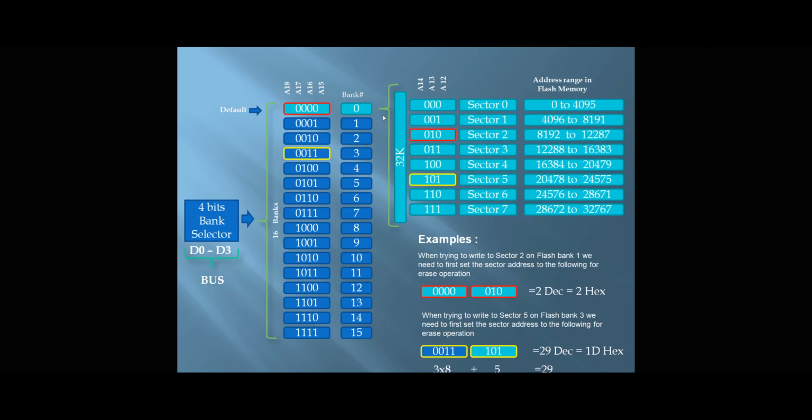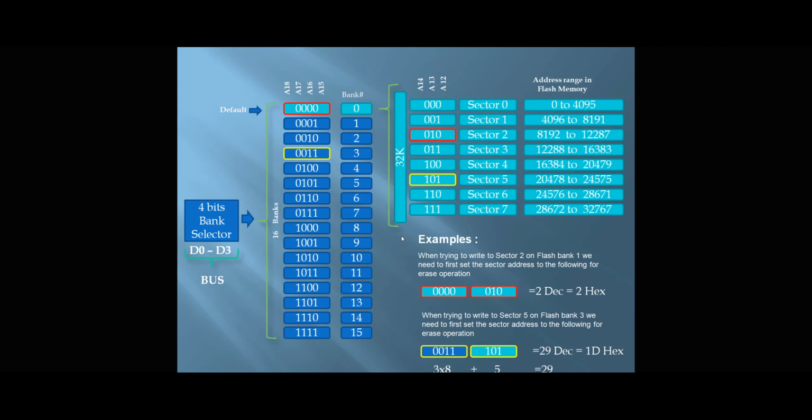And in our design, each bank consists of its own 8 sectors, because each of our banks had 32K of memory. Therefore, if you divide 32K by 4K chunks, we get 8 sectors per flash bank. So flashbank 0 is going to have 8 sectors, flashbank 1 is going to have its own 8 sectors, and so on.